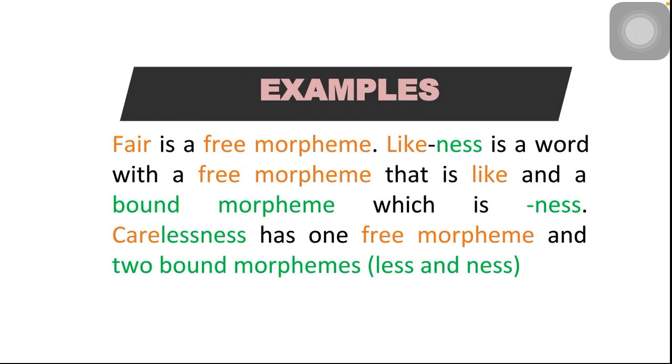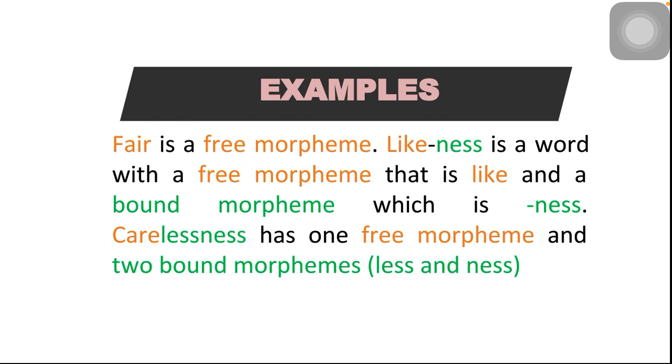Okay, so fair is a free morpheme. Likeness is a word with a free morpheme, which is like, and a bound morpheme, which is ness. Okay? Likeness, like is a free morpheme, ness is a bound morpheme since ness is a suffix.